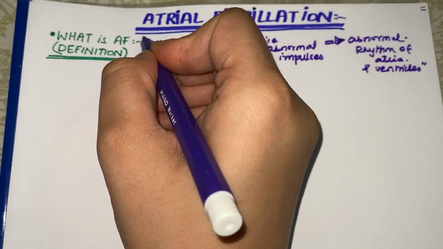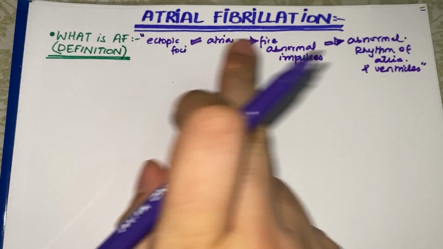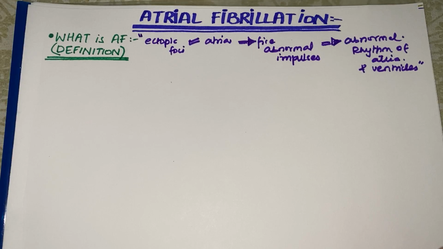So this is basically atrial fibrillation: ectopic foci are formed which lead to changes within the atria.